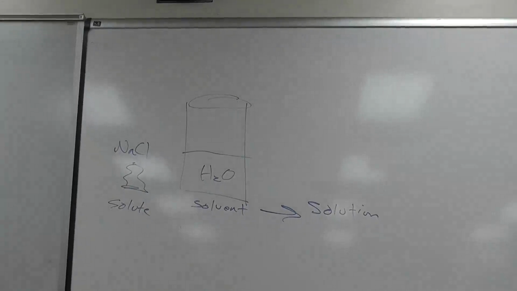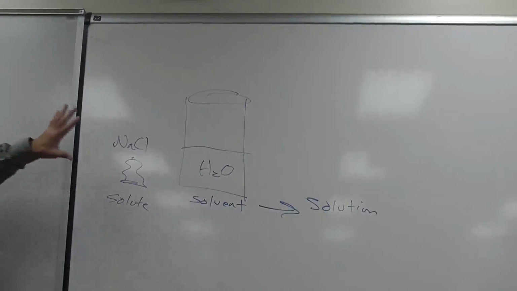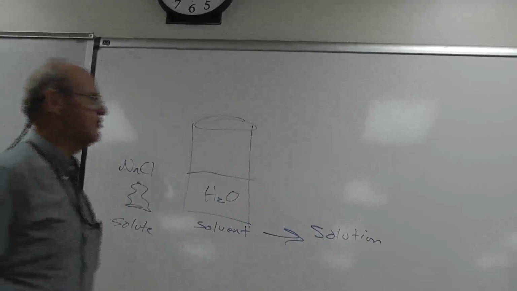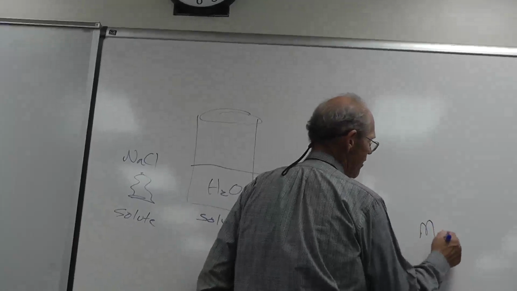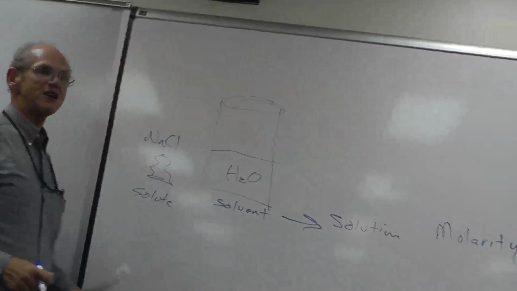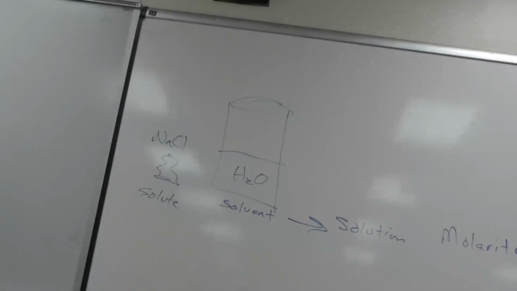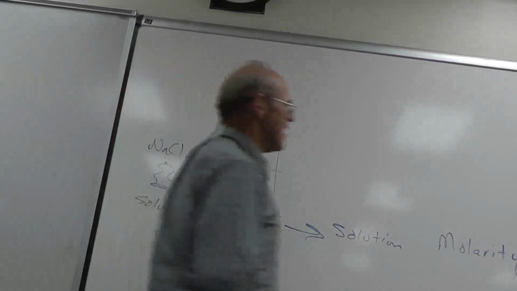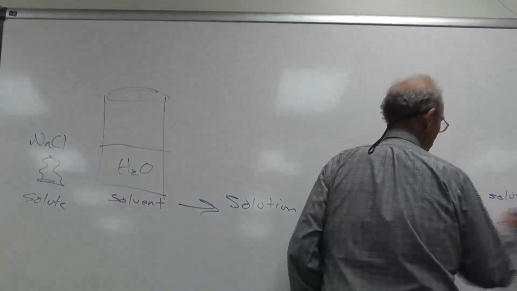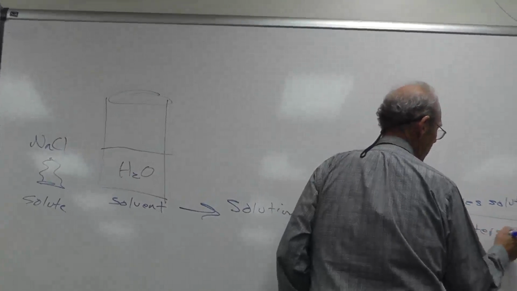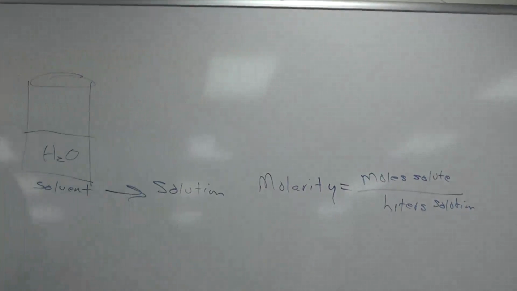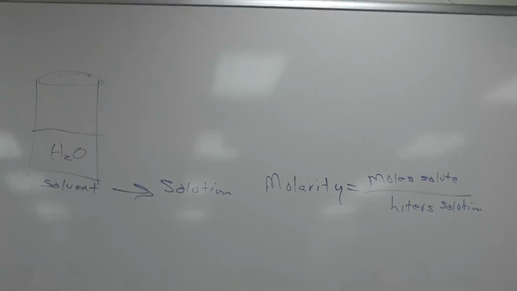Now, in chemistry, if we're interested in understanding the amounts of these, we have a couple of different ways to look at concentrations. The one that we start out with is molarity. It's a measure of concentration. To solve for molarity, it's moles of solute over liters of solution.